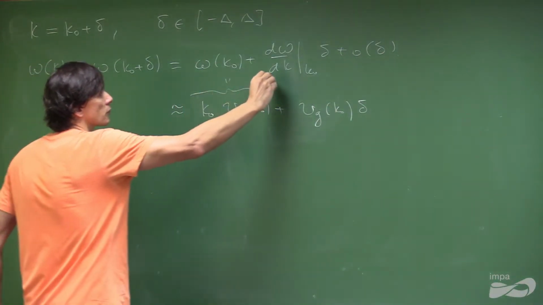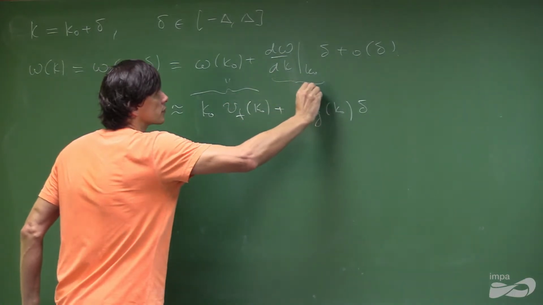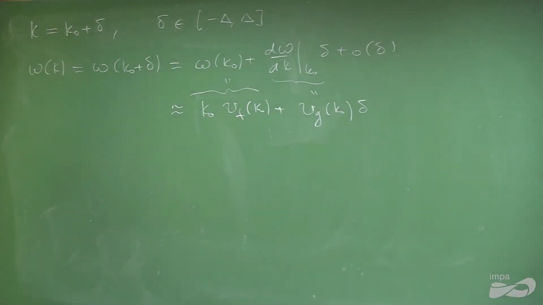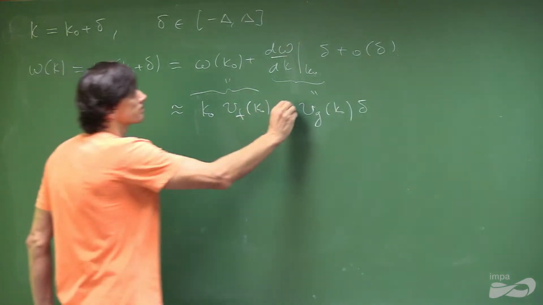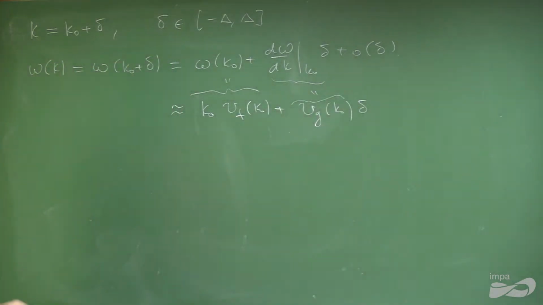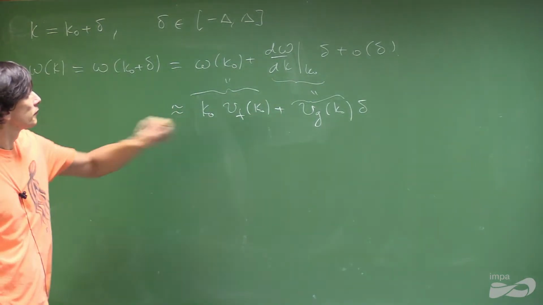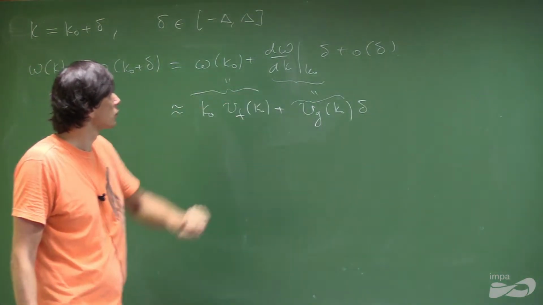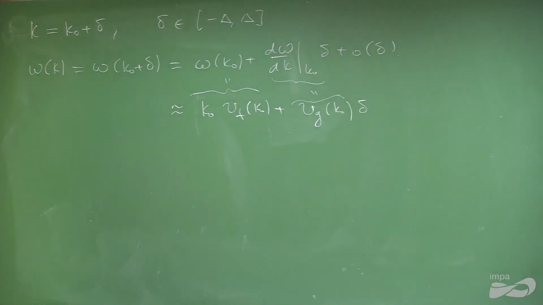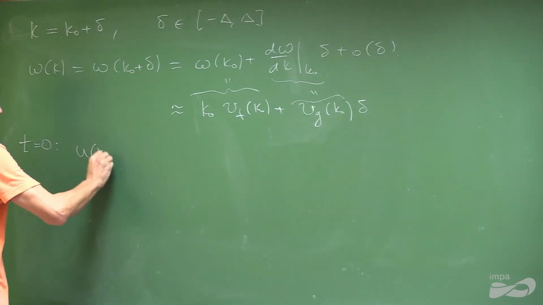Remember that omega divided by k0 gives you the phase speed, and the derivative gives you the group speed. Okay, good. So let's take the initial time and see what the form of our initial solution is.